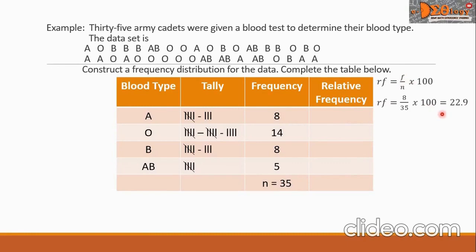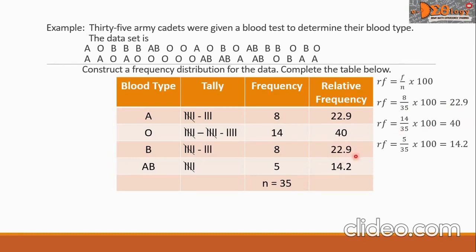And this is equal to 22.9. This value we will copy on the first blank. So there we go. And then we will use this same formula to compute for our remaining relative frequency. So we have this number 40. It comes from 14 divided by 35 times 100.